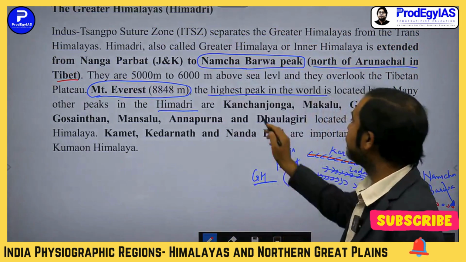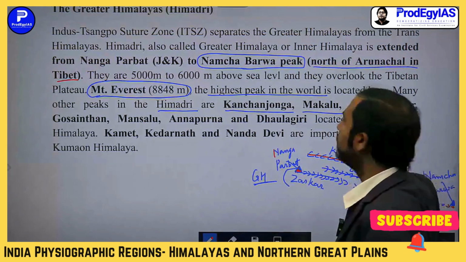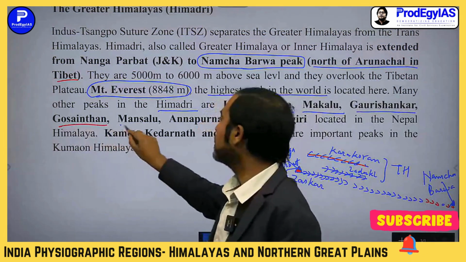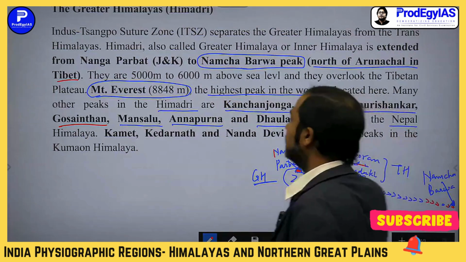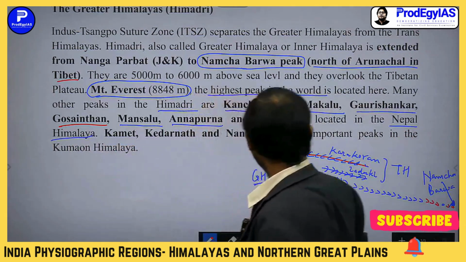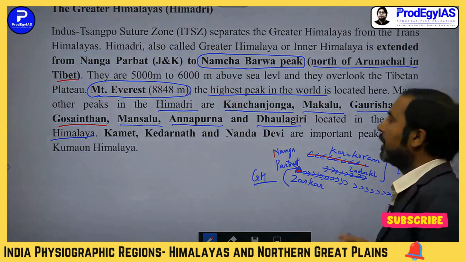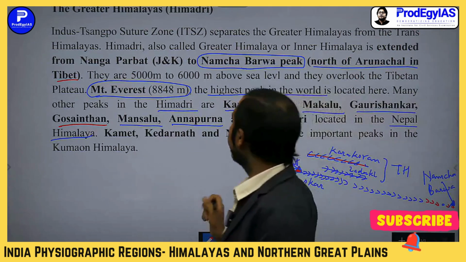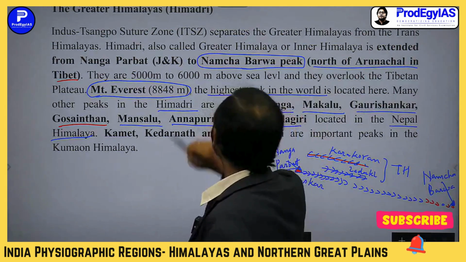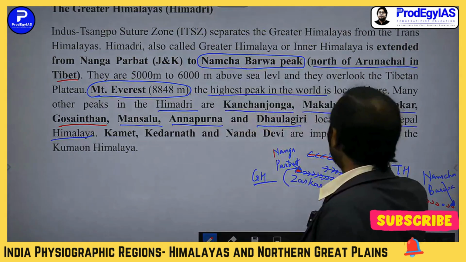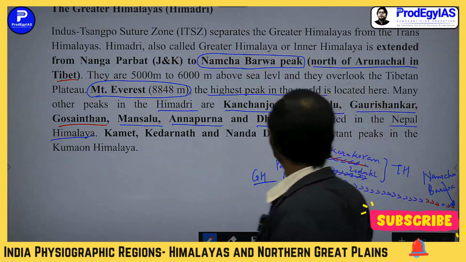There are other peaks like Kanchenjunga, Makalu, Gauri Shankar, Gosainthan, Manaslu, Annapurna and Dhaulagiri, located in the Nepal Himalayas region. This Greater Himalayan region is divided into Kashmir Himalaya, Kumaon Himalaya and Nepal Himalayas. They all are important.